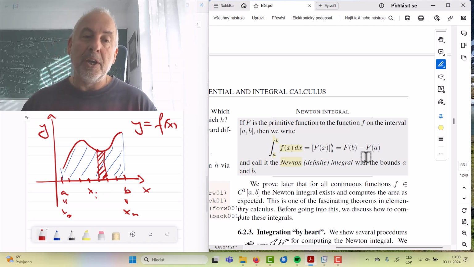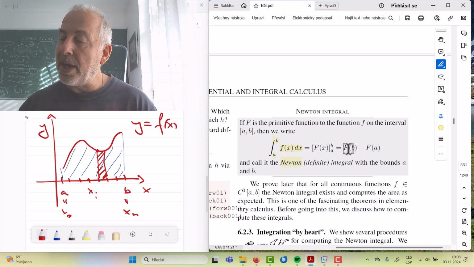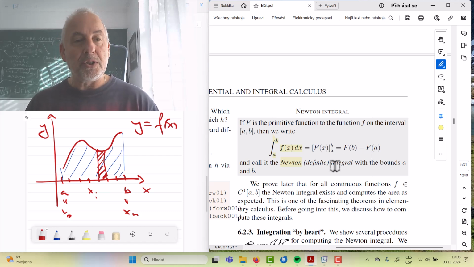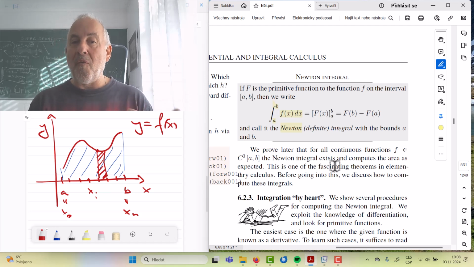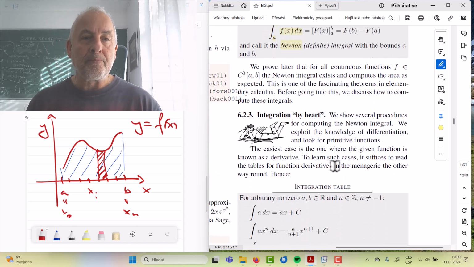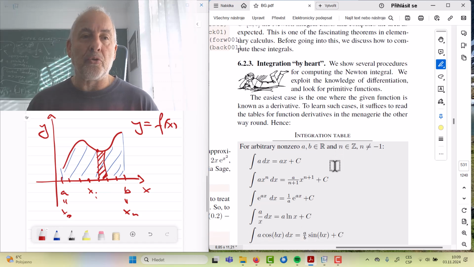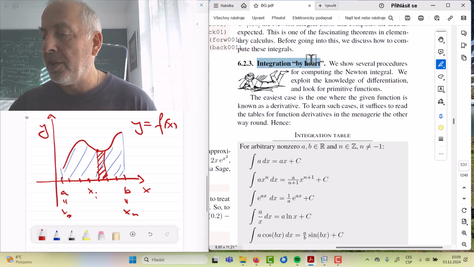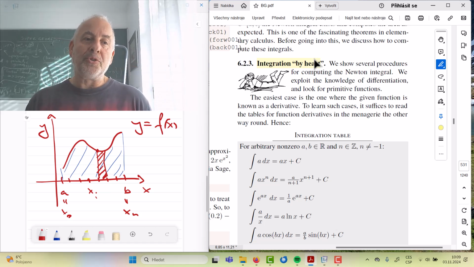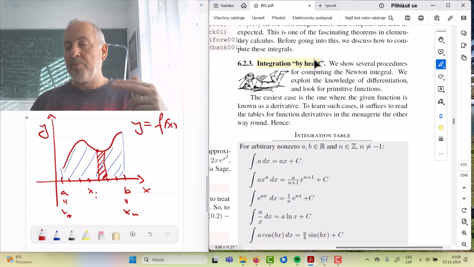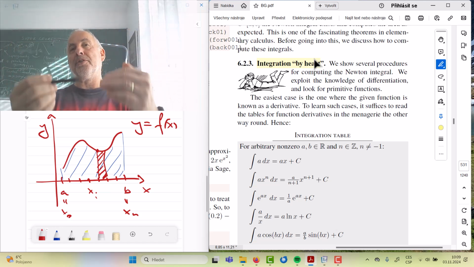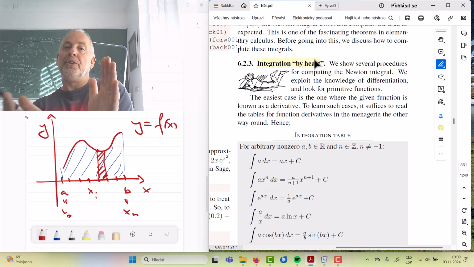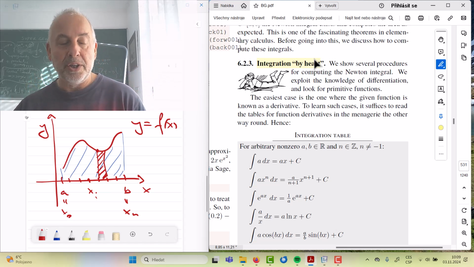So if there is an antiderivative to small f, then the Newton definite integral with bounds a and b is well defined. Right, so this is the definition. So now, what is such a definition good for? So first of all, we can, of course, consider the fact that it's nothing but a reverse procedure to derivative, and so whenever we have a list of derivatives, we can read it the other way around as a list of the primitive functions.